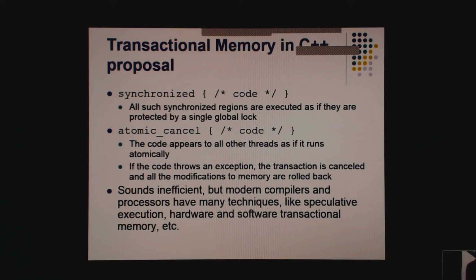So this sounds inefficient, but modern compilers and processors have many new techniques like speculative execution, hardware and software transactional memory, and the like, that says if you just explain what your atomicity requirements are, the compiler and processor can do all kinds of funky stuff to make things right for you.